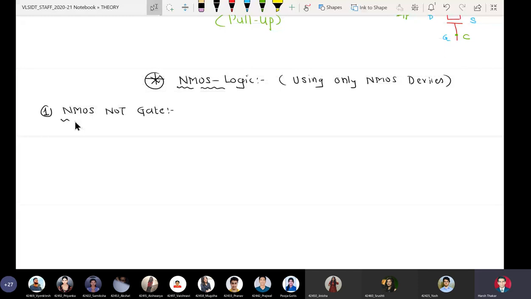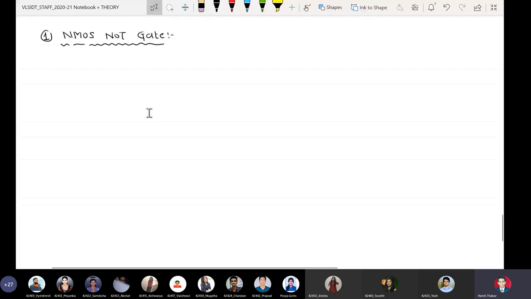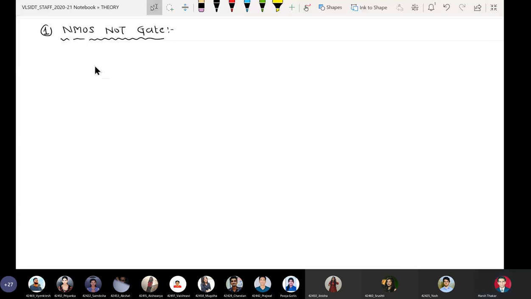So NMOS NOT gate means it is a NOT gate implemented using NMOS logic. It's very simple. Here you'll understand why we discussed shorting drain and gate. So just see how the circuit diagram goes.